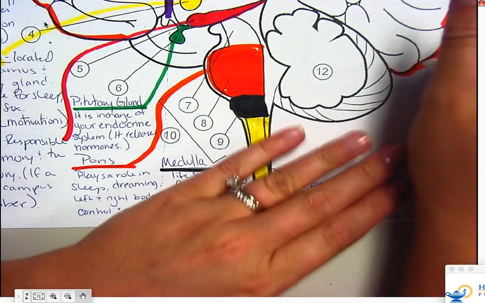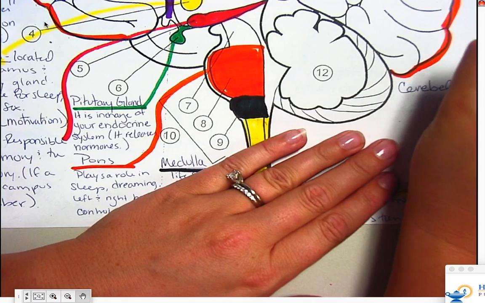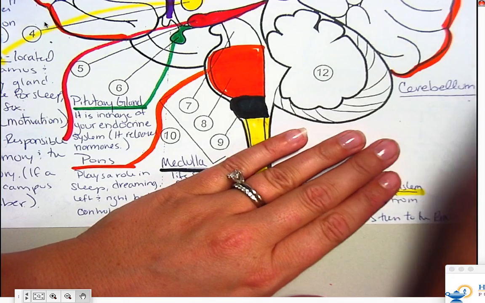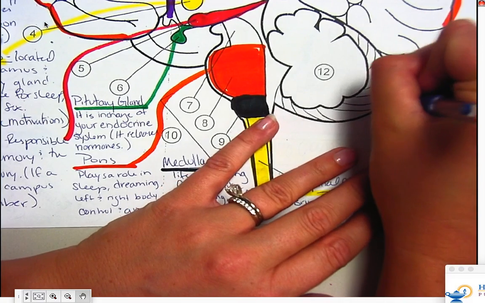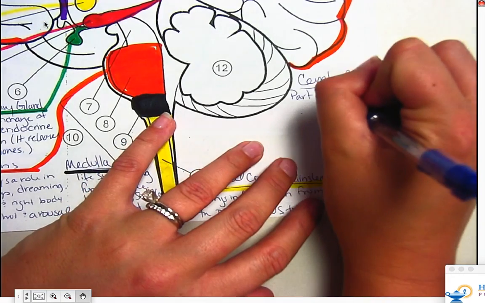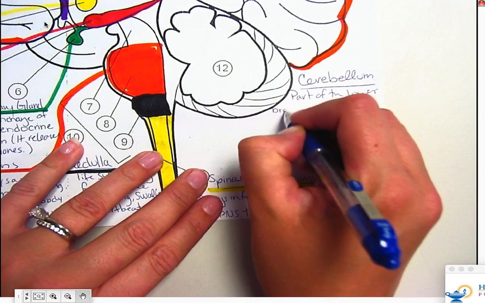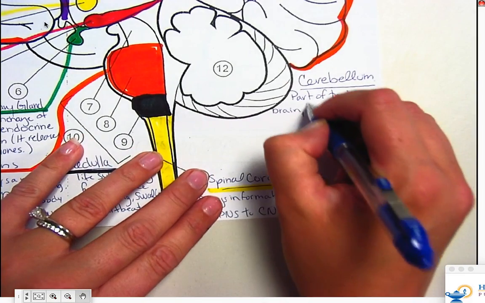All right, and then over here, I have a cerebellum. Cerebellum is part of the lower brain, behind the pons.